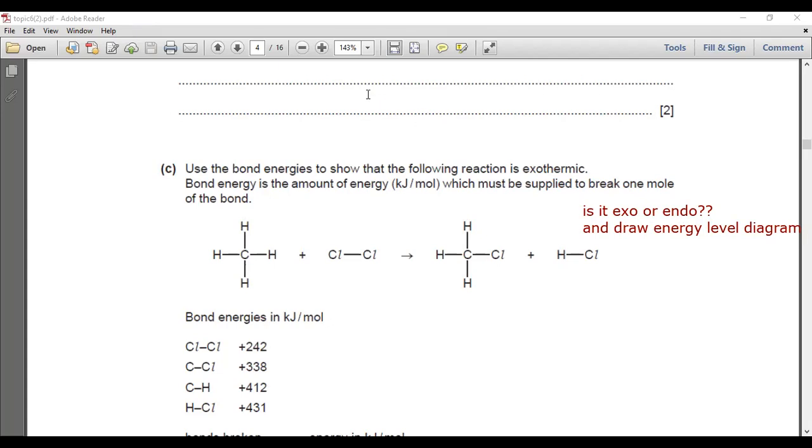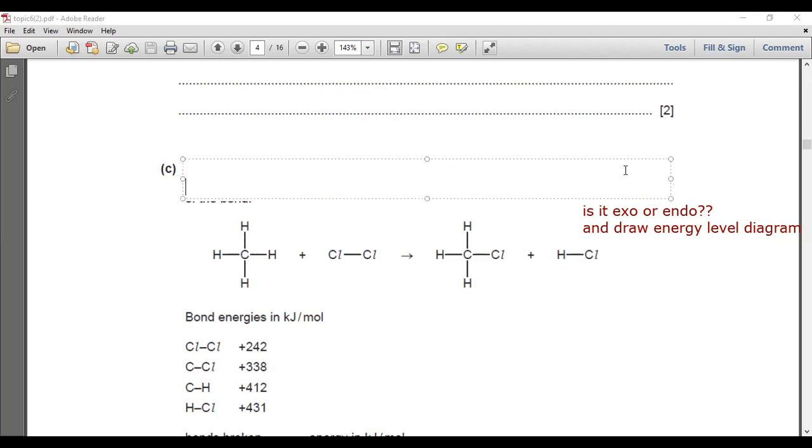You cannot draw the energy level diagram without delta H. Everyone start in your paper to find the answer. If it is exo or endo, then draw the energy level diagram. If it's exothermic, the reactants must be up and the products down. If the reaction is endothermic, the opposite. So check.